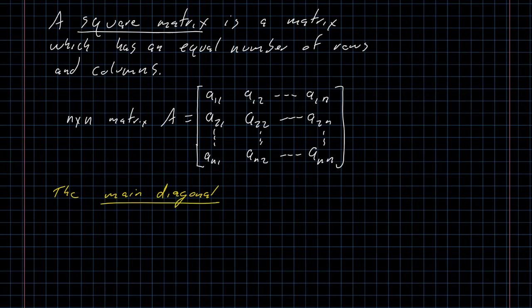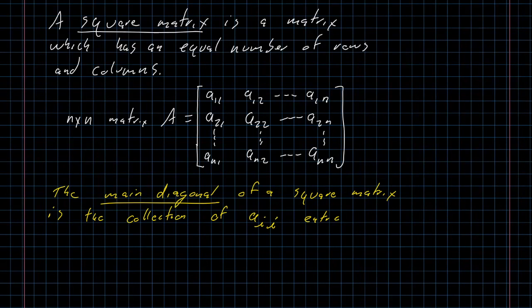The main diagonal of a square matrix is the collection of Aii entries.